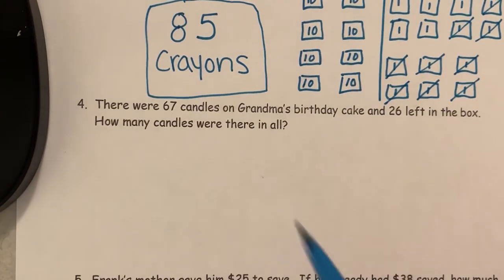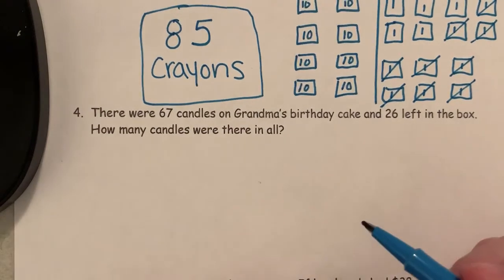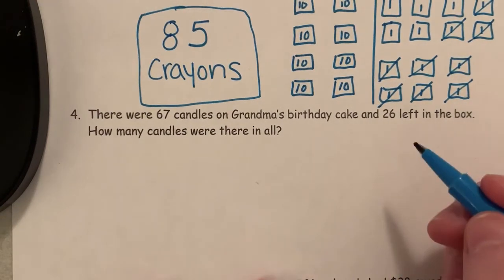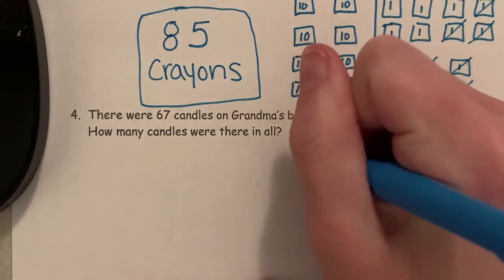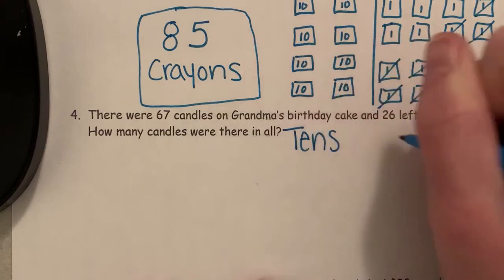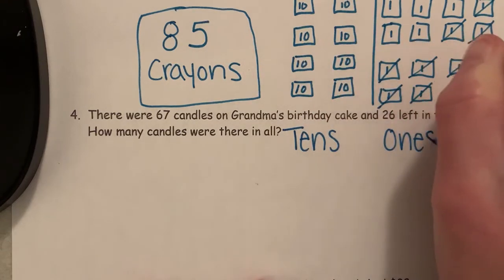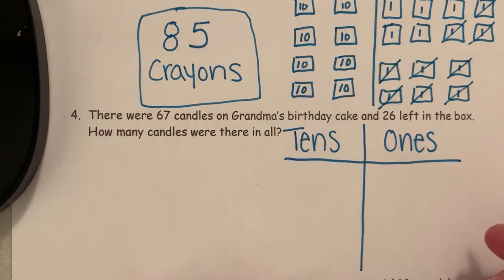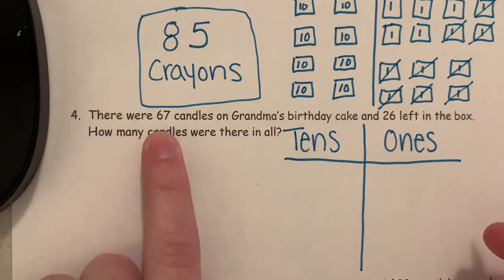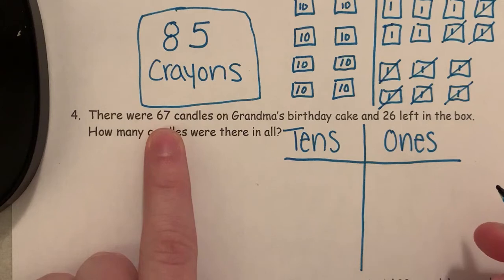So again, we're going to be adding to find the total amount of candles that were on the cake and that were left in the box. So again, we're going to make our 10s and our ones chart here to help us.